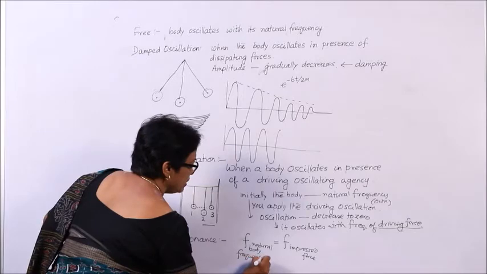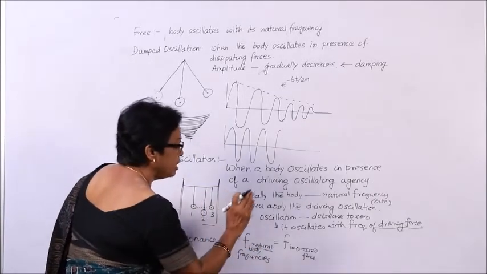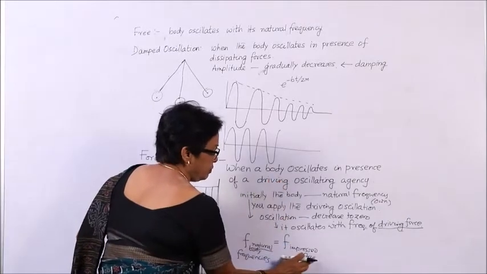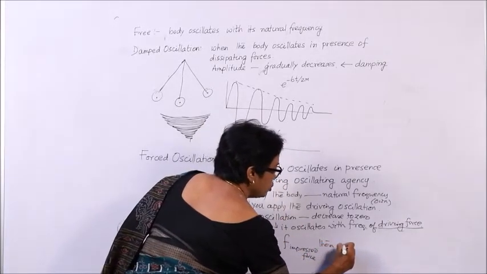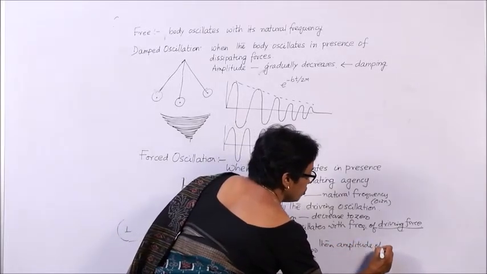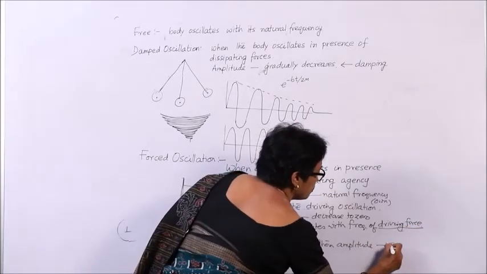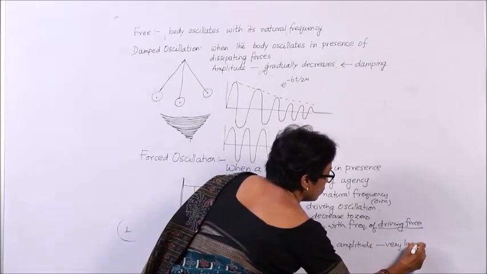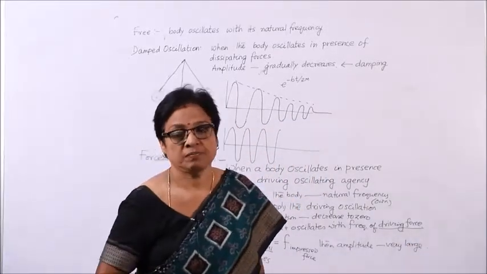If the natural frequency of the body is equal to the frequency of the impressed force, then amplitude is infinite. Amplitude becomes very large. This phenomenon is called resonance.